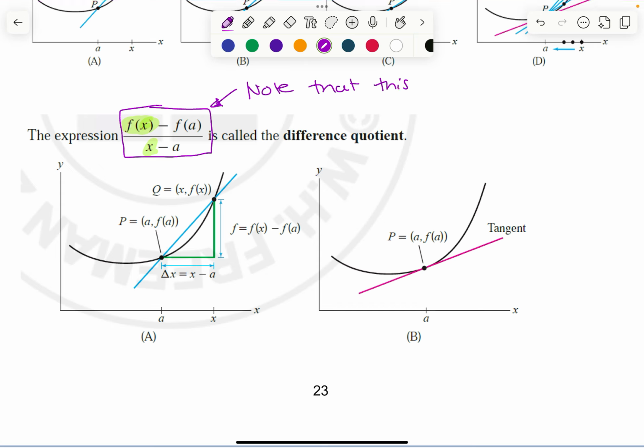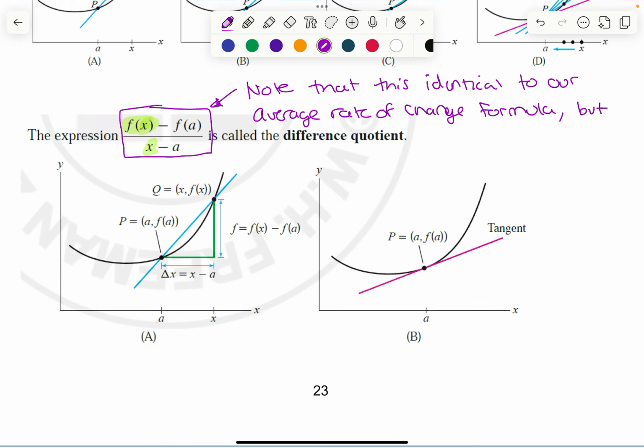This is identical to our average rate of change formula, except the second point is varying. This point here is not just b, f of b, it's x, f of x. So it's varying, it's changing.